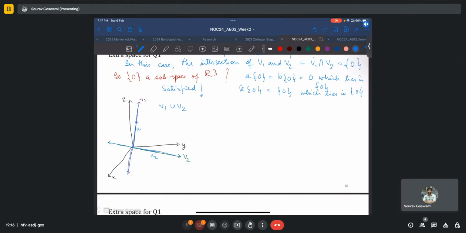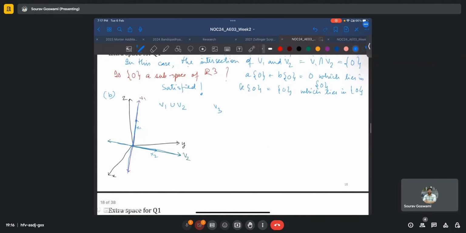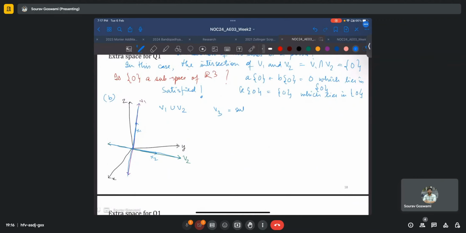But what is a subspace generated by a set which has x1 and x2 as its elements? Again, when we are talking subspace, we look at the two inherent properties.